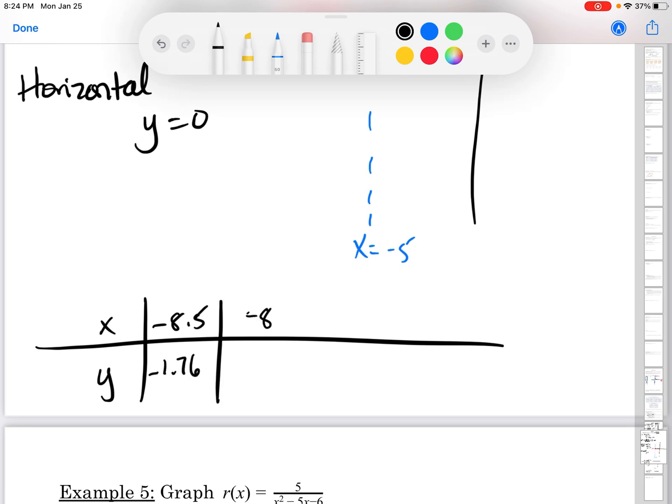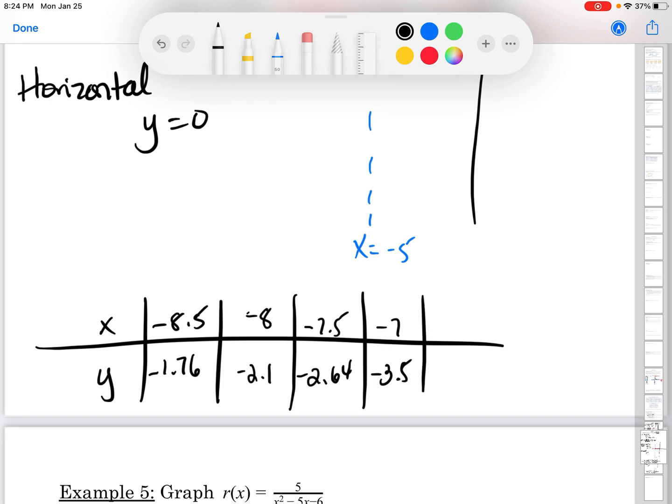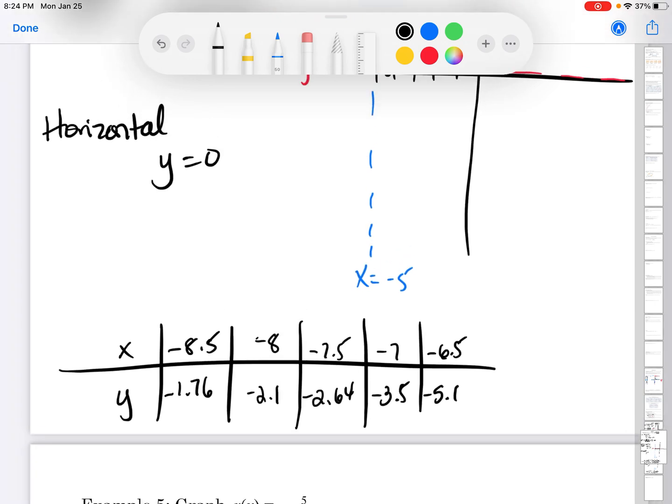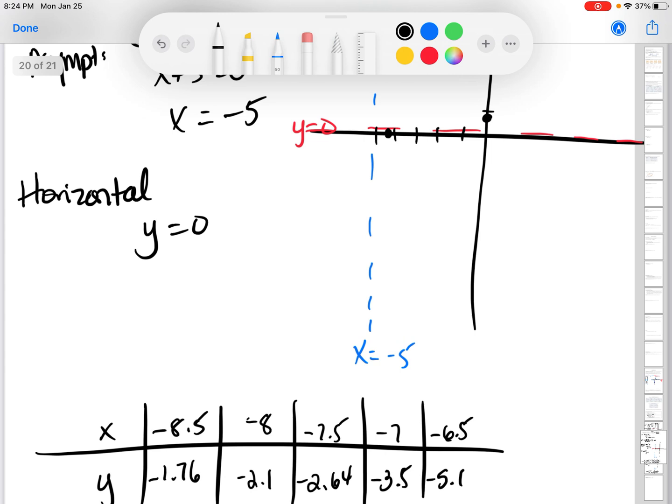Negative 8 gives us negative 2.1. Negative 7.5 gives us negative 2.64. Negative 7 gives us negative 3.5. Negative 6.5 gives us negative 5.1. So you can start to see what's going on over there.